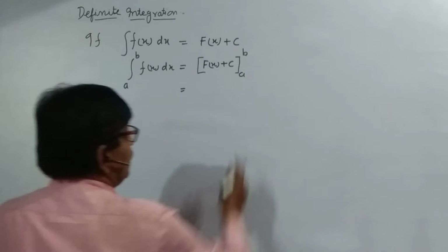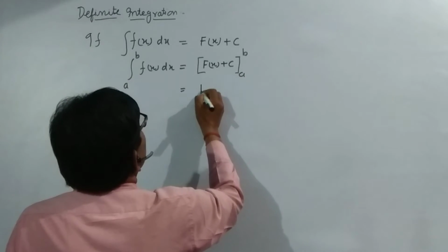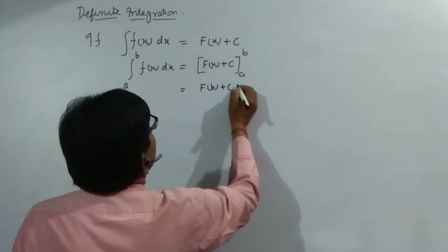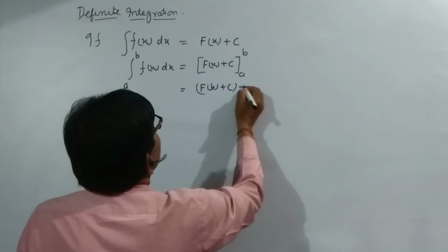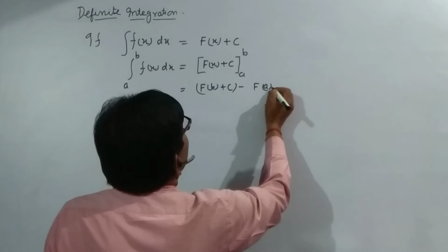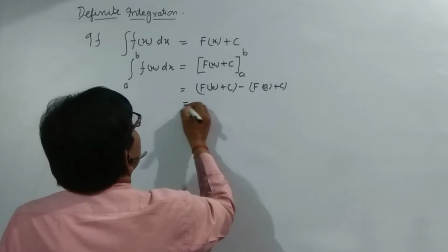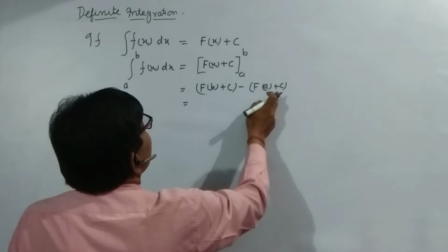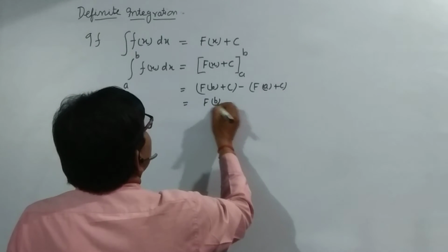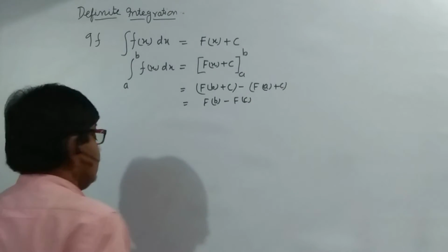Now a is the lower limit, b is the upper limit. Putting in the upper limit, we get F(b) plus c, minus, putting in the lower limit, F(a) plus c, so that plus c and minus c cancel, and we get F(b) minus F(a).